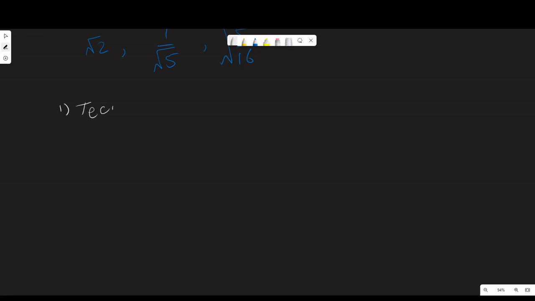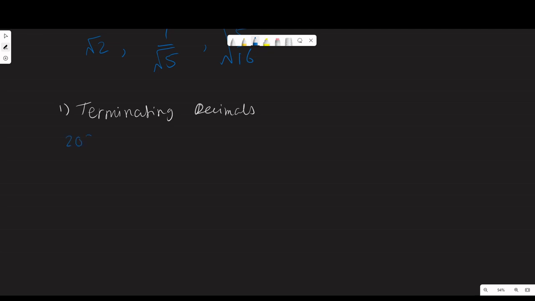First of all, we get terminating decimals. And now, when do we get these types of decimals? So first of all, what are terminating decimals? They are decimals which have only a finite number of digits in their decimal part.